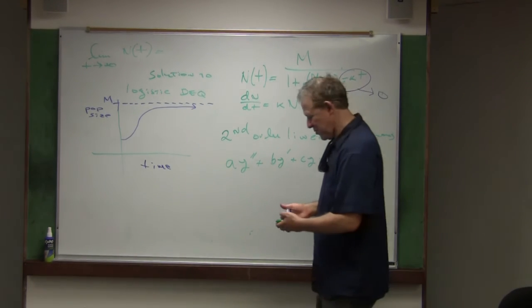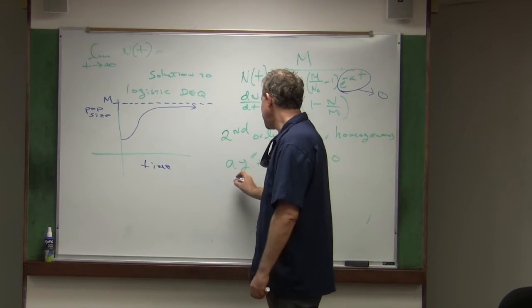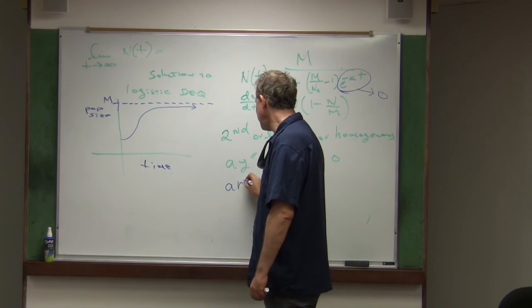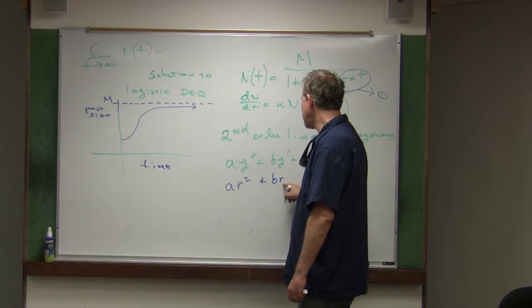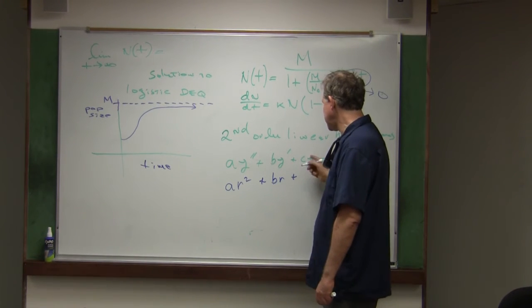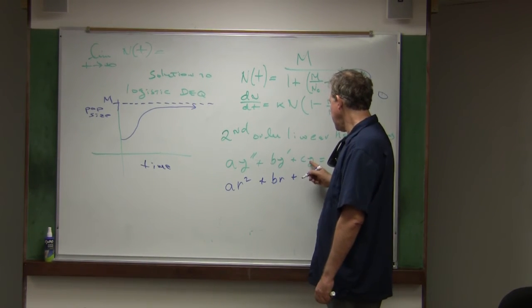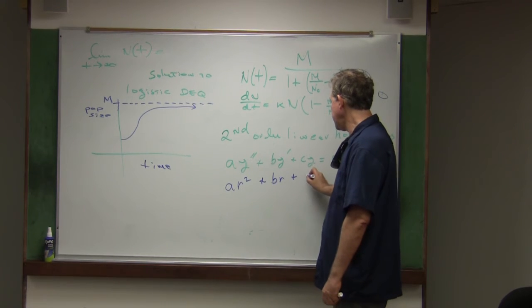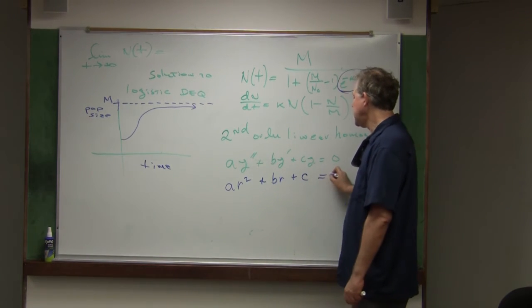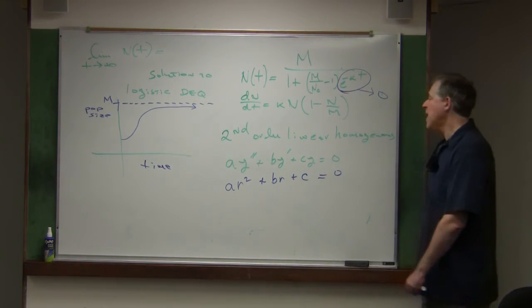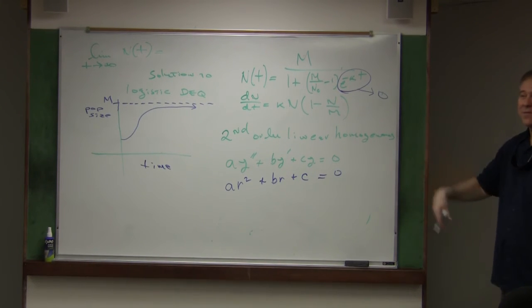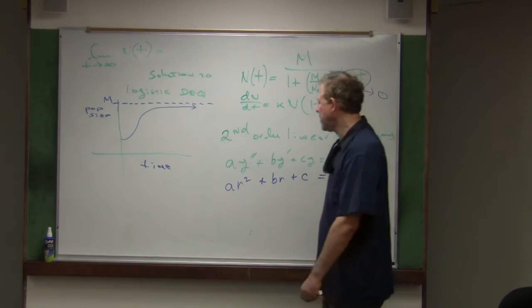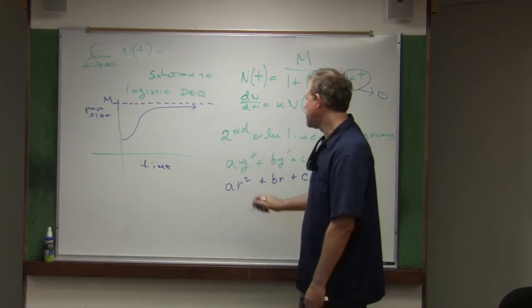All you've got to do is substitute r squared in for y double prime, substitute r in for y prime, and substitute 1 for y, so just think of this as c. Then look at the equation ar² + br + c = 0 and solve it for r, using the quadratic formula.